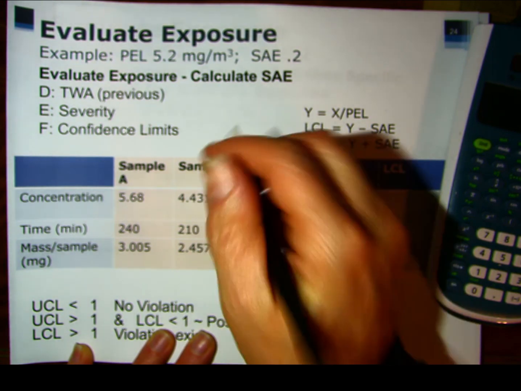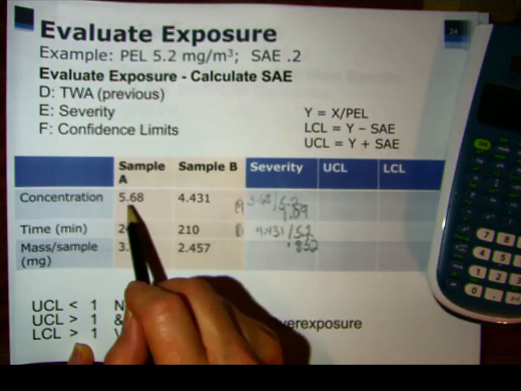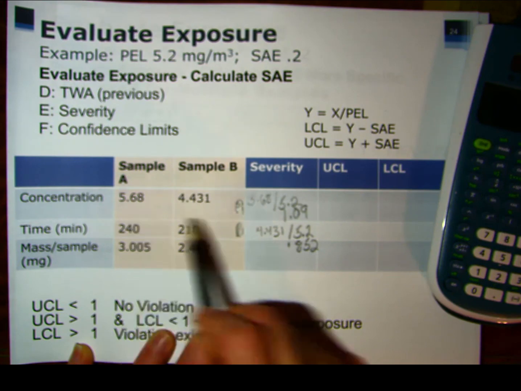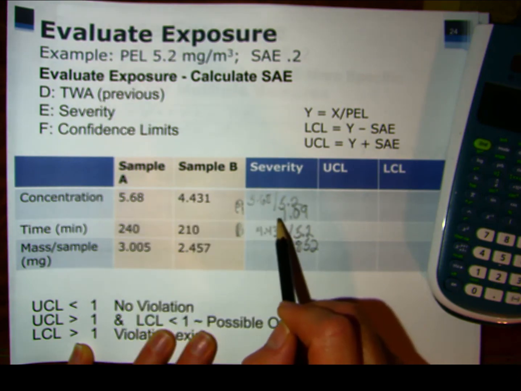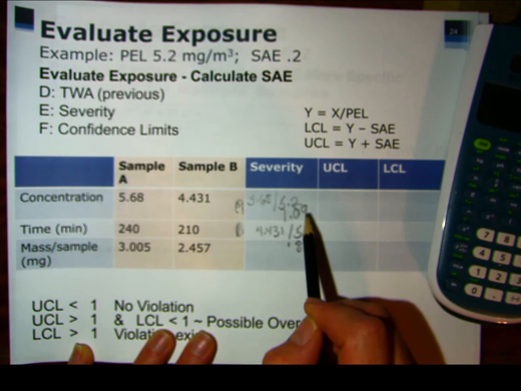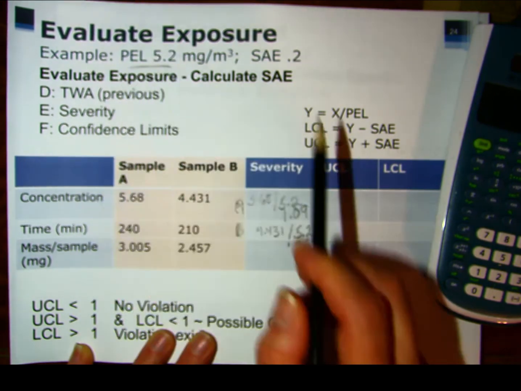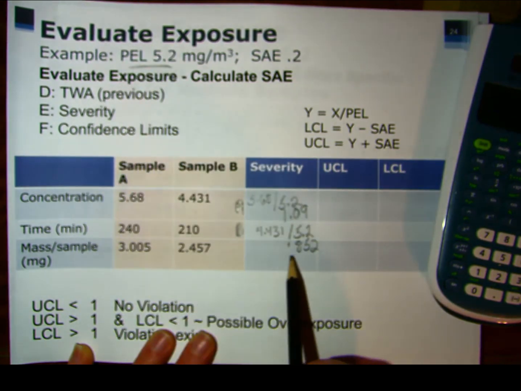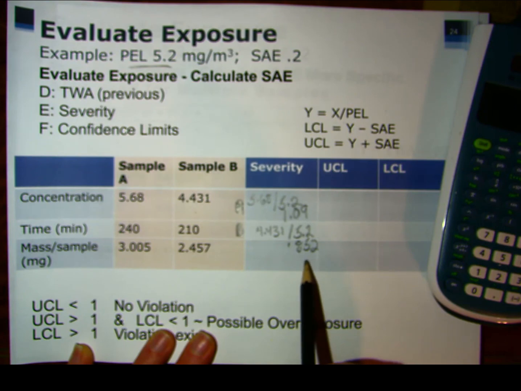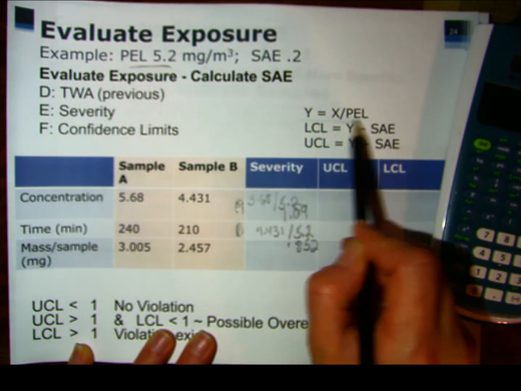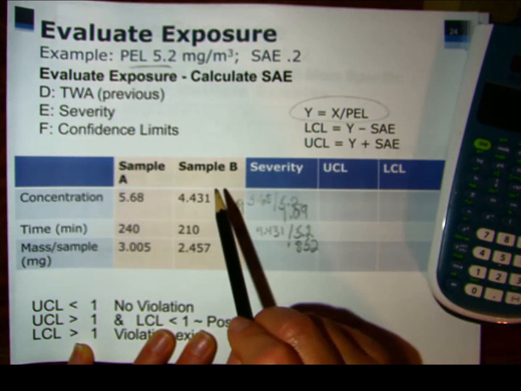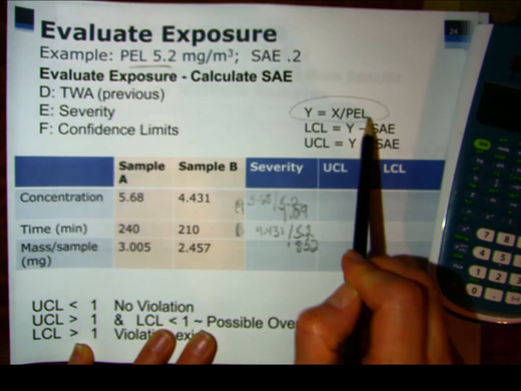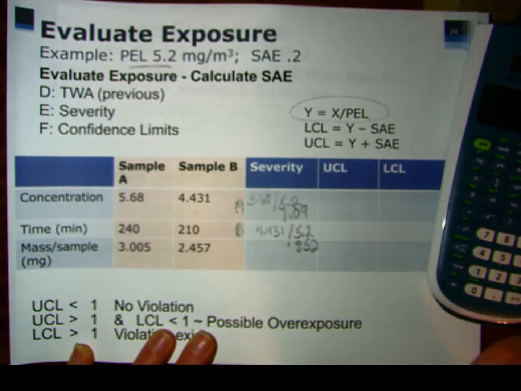So you can see when we did our comparison that sample A is 109% of the PEL, and sample B is 85% of the PEL. Because that's truly what our severity is. That's our concentration over our PEL. So it's just a simple ratio.